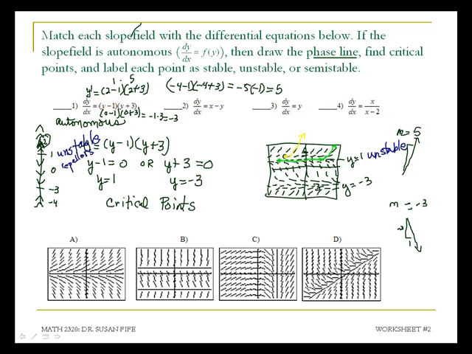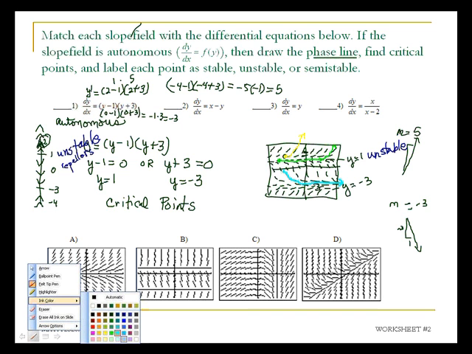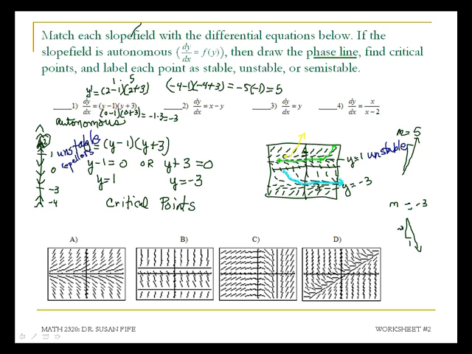Okay, if I start anywhere here between 1 and -3, y equals 1 and -3, my line is going to go down and start leveling off at -3. If I start right on -3, then my graph is going to stay right on -3.